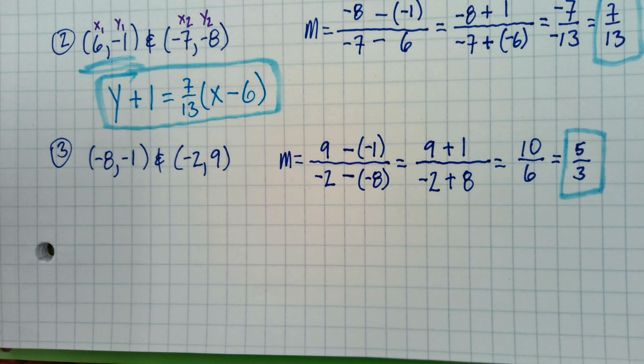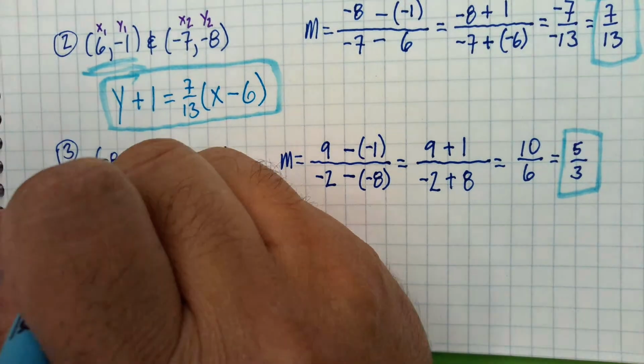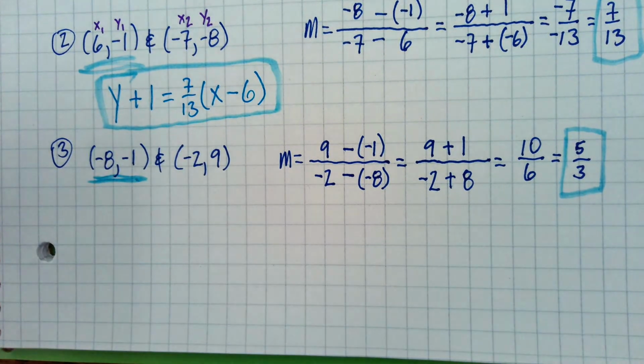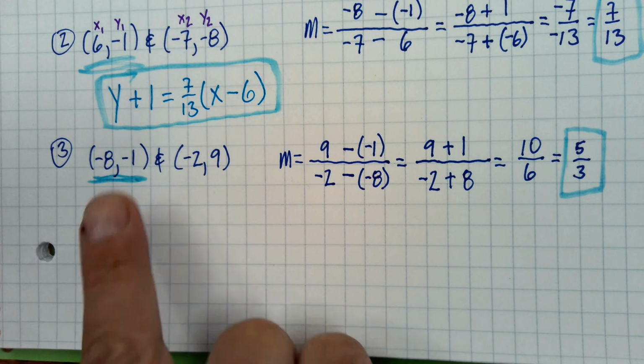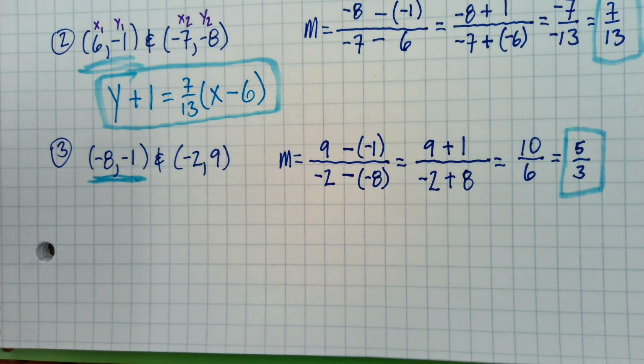Five-thirds. Let's use that. And again, it doesn't matter which one, so I'm just sticking with that one again. I'm going to enter in -8, -1 for the x1, y1. So here we go.